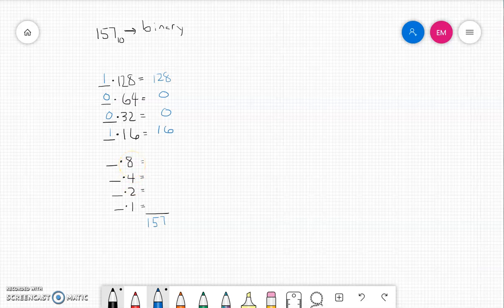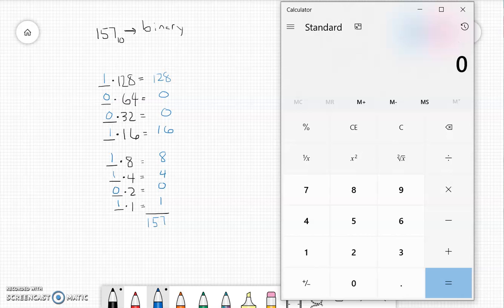So I think this is going to work out. I'm going to need 1 eight, 1 four, 0 twos, and 1 one. Let's confirm with a calculator that these add up to 157. So 128 plus 16 plus 8 plus 4 plus 1 equals 157. So it does in fact work.